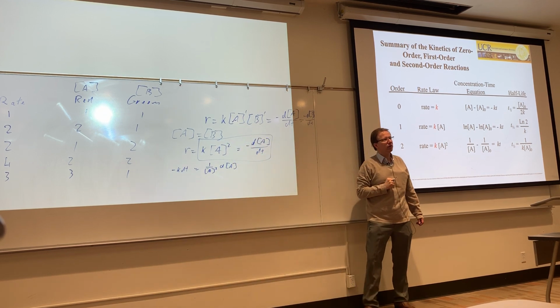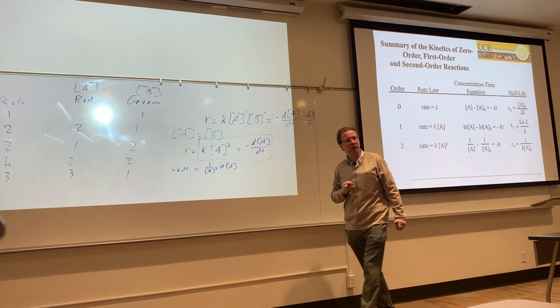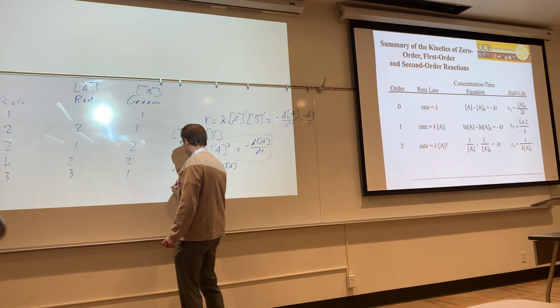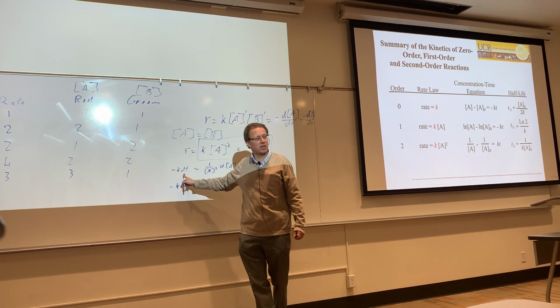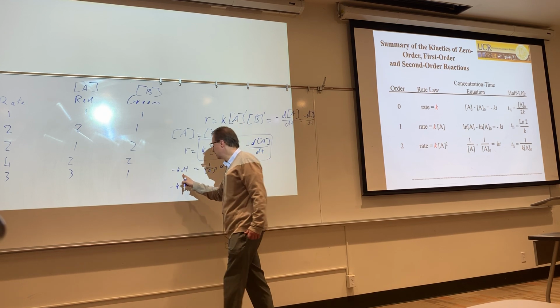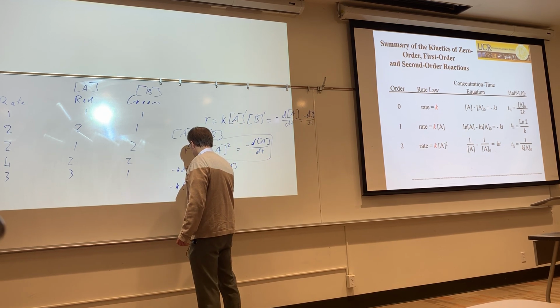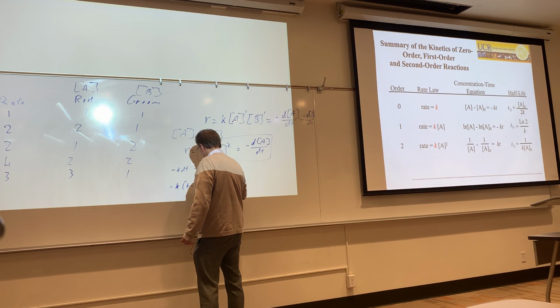And then I can integrate this one right away, and I'll come from minus k. Integrating dt gives me t, putting the limits t and t0 into it gives me t minus t0.